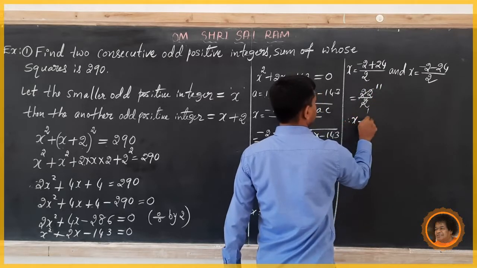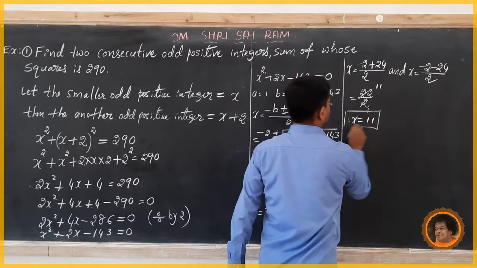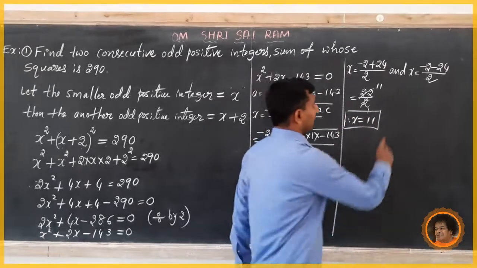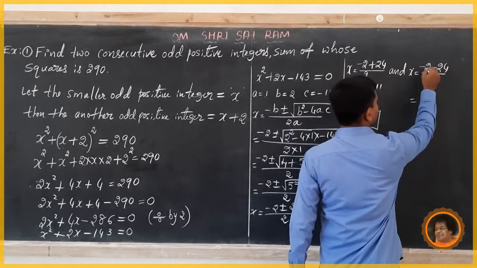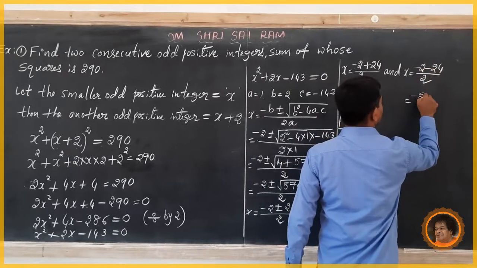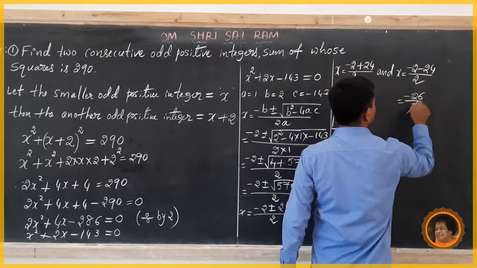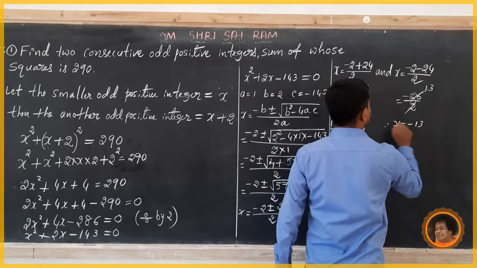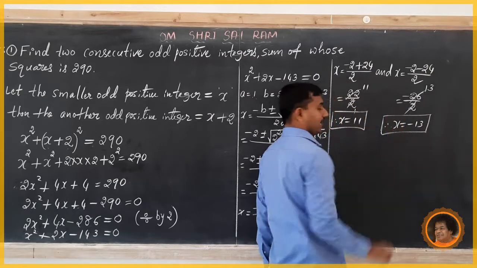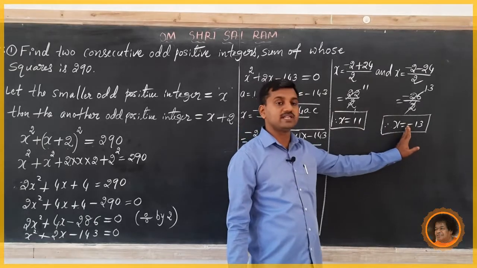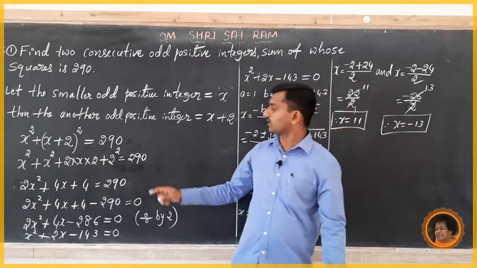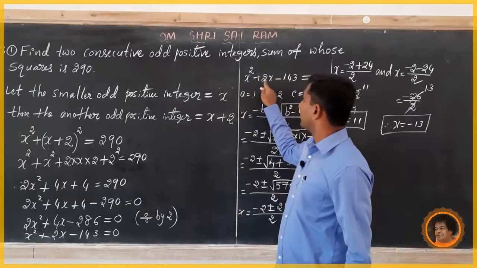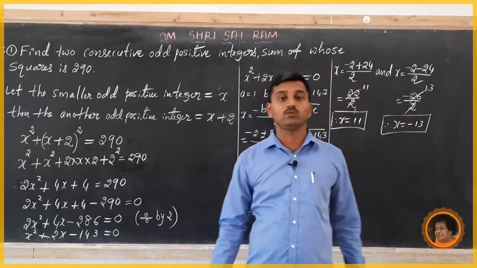So therefore x equal to 11. And one more, x equal to minus 2 minus 24, minus 26, divided by 2. 2 13s are 26. So therefore x equal to minus 13. So x equal to 11 and x equal to minus 13 are the roots of the quadratic equation x square plus 2x minus 143 equal to 0.